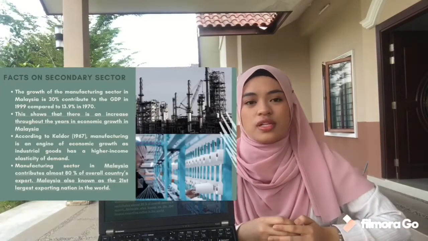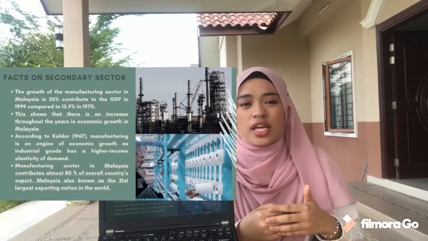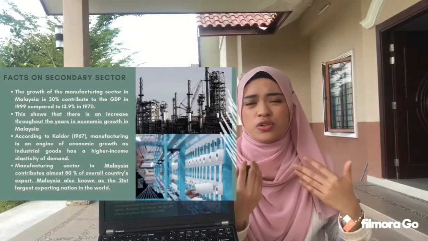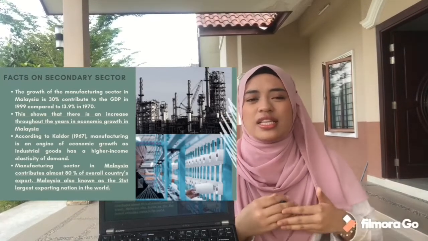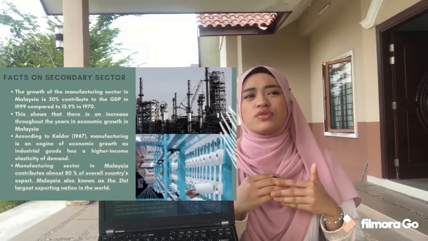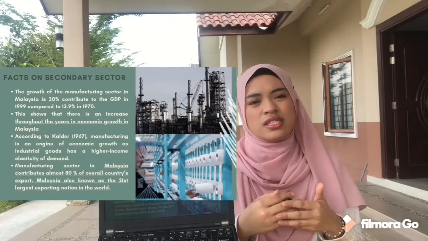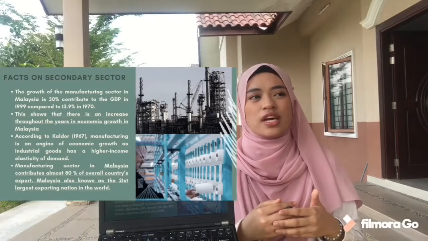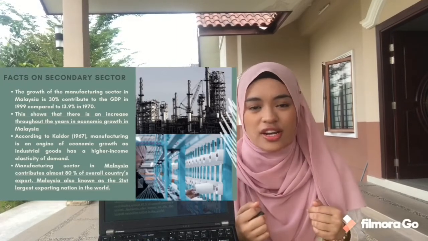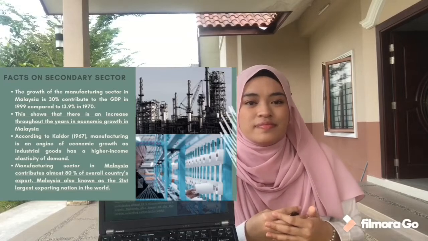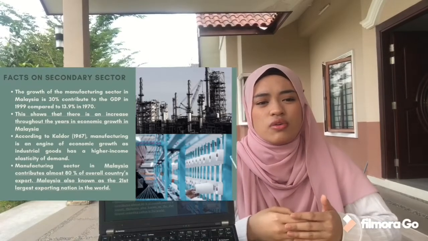Next I will talk about the facts on the secondary sector. The growth of the manufacturing sector in Malaysia contributed 30% in 1999, compared to 13.9% in 1997, which is a difference of 16.1%, which is a lot in the economic sector. This shows there is an increase throughout the years in economic growth in Malaysia.